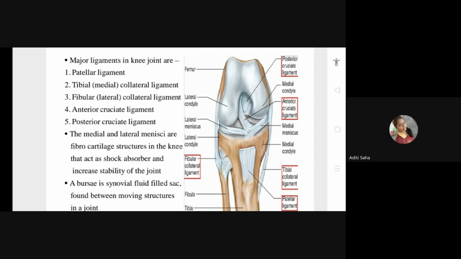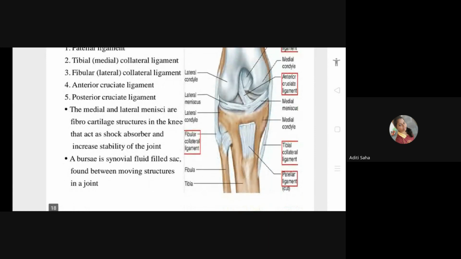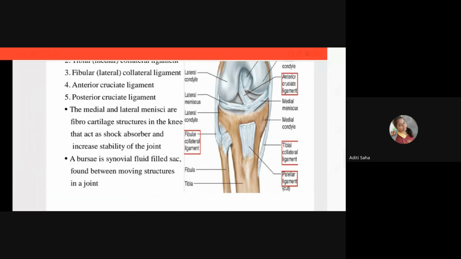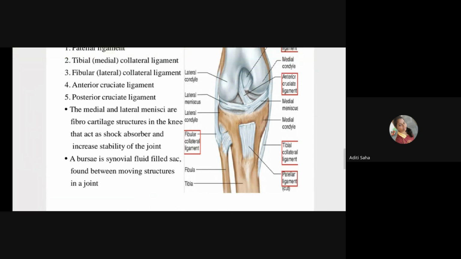Okay, next, medial and lateral menisci are fibrocartilage structures in the knee that act as shock absorbers and increase stability of the joint. So they act as shock absorbers.